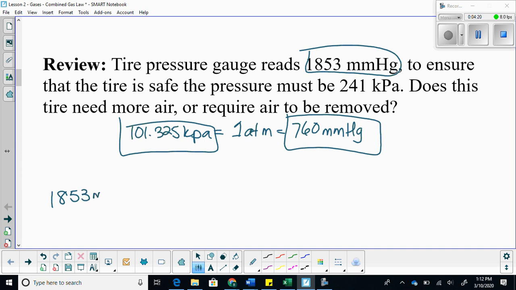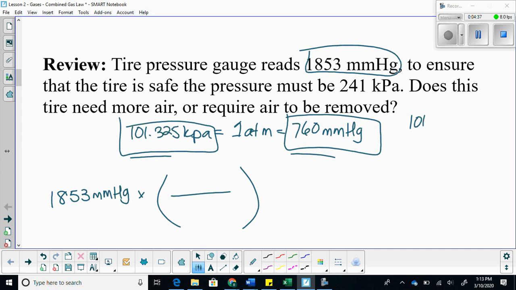So I start with 1,853 millimeters of mercury. From there, I need to set up a ratio to perform unit analysis. Because these two are equal to each other, I can create a ratio.